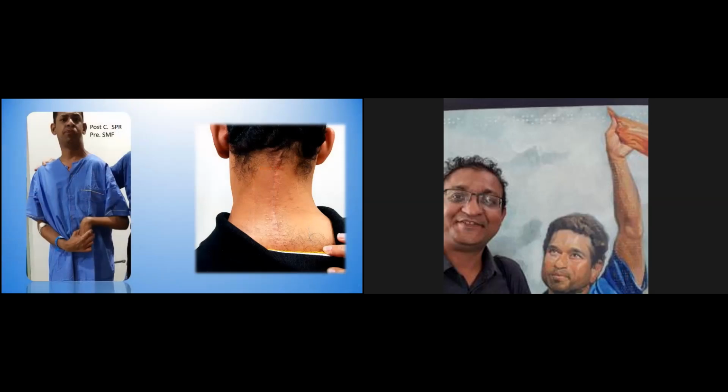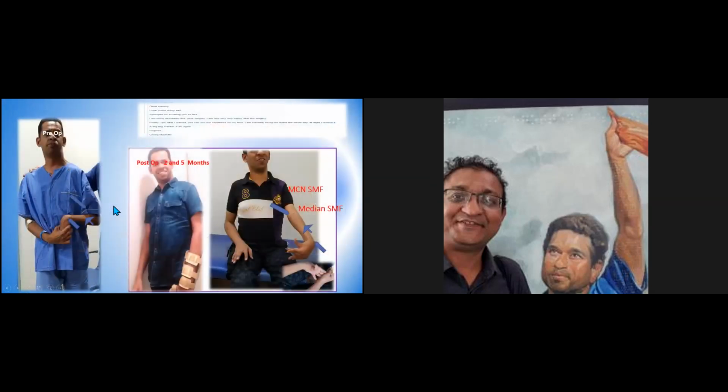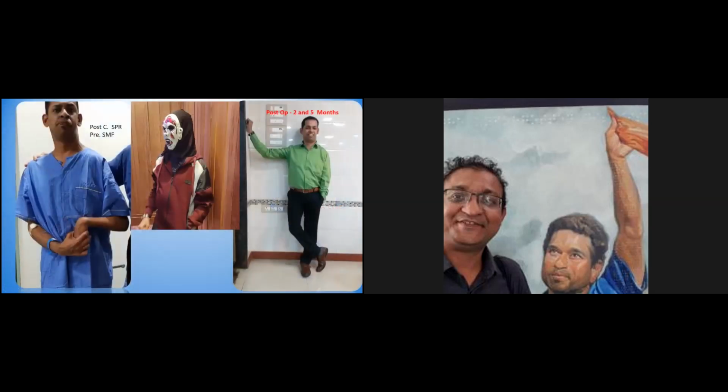This is another one where somebody has had a cervical rhizotomy for the dystonia. Then we performed our surgical procedure of SMF, and you can see how well he has improved and felt very confident and good after the surgery. Just yesterday he mailed me his picture showing how good he is. But you can see he is still keeping his hand in the pocket, and I asked whether it has become more comfortable.